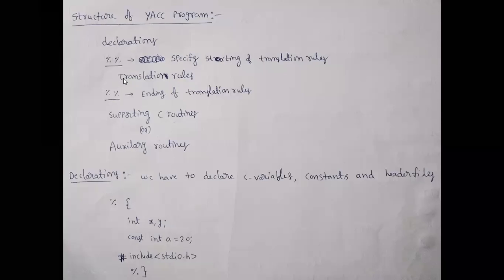So what is the next one? Translation rules. We need to specify the translation rules between percentage and percentage. The first percentage specifies the starting of the translation rules, and the second percentage specifies the ending of the translation rules.